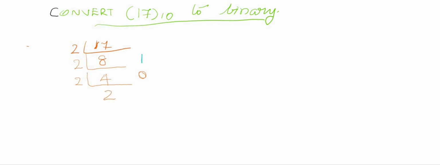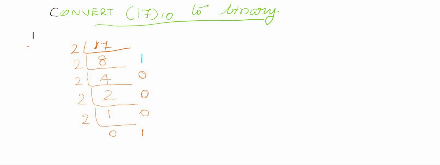The third remainder is 0. Again divide, then 1, 0, 0 and remainder 1, till the quotient becomes 0.